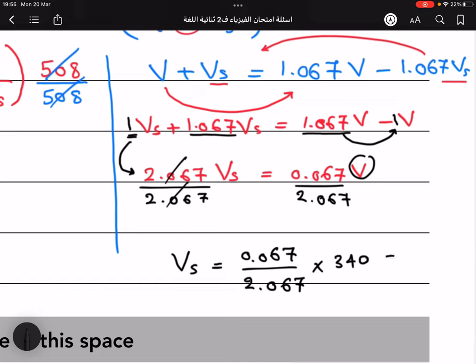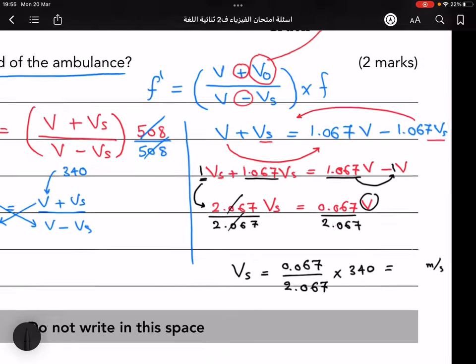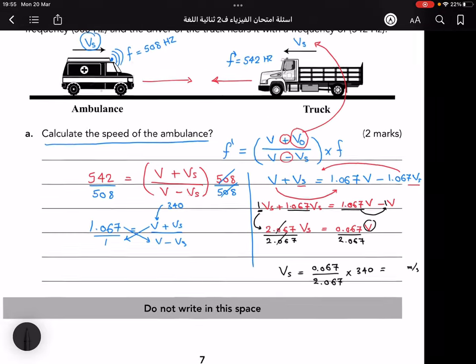Now the only thing we need to do is make this calculation with the calculator and get the answer in meters per second. This is the answer to this question.